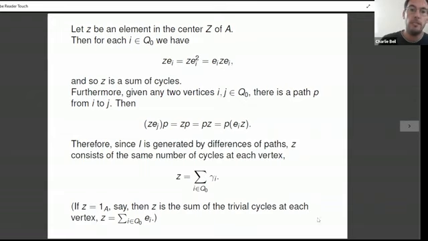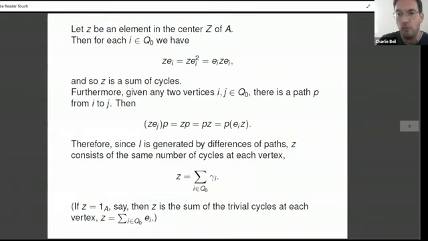So what we get is that, since I is generated by differences of paths, Z consists of the same number of cycles at each vertex. So we can write it like this, and this is what the central elements will look like.